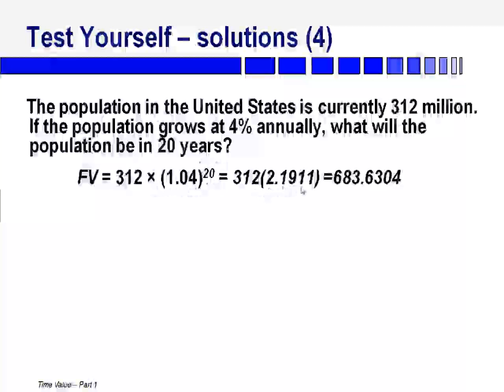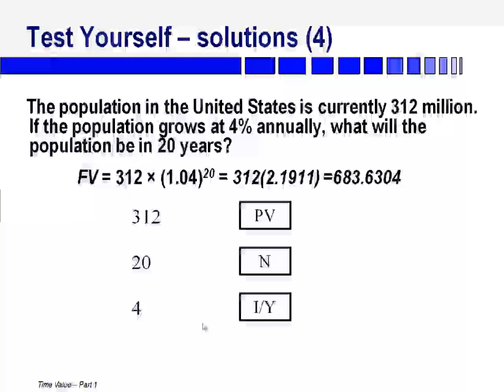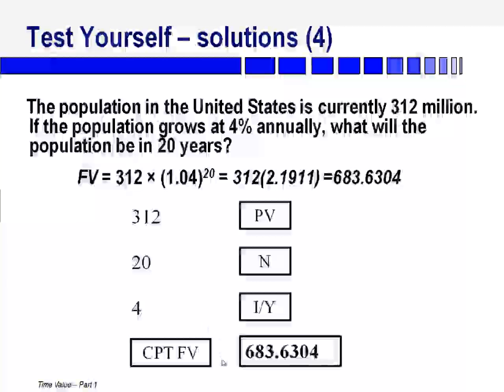Our future value factor is 2.1911, multiplied times 312, and we get 683.6304 million people. Next, let's do the same thing with the BA II Plus. 312 is PV, 20 is N, 4 is I/Y. Compute future value, 683.6304.